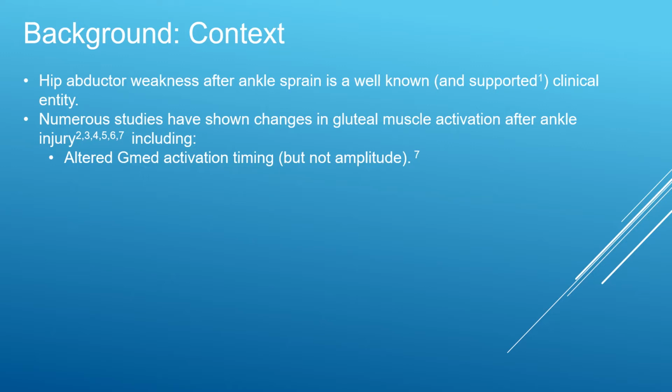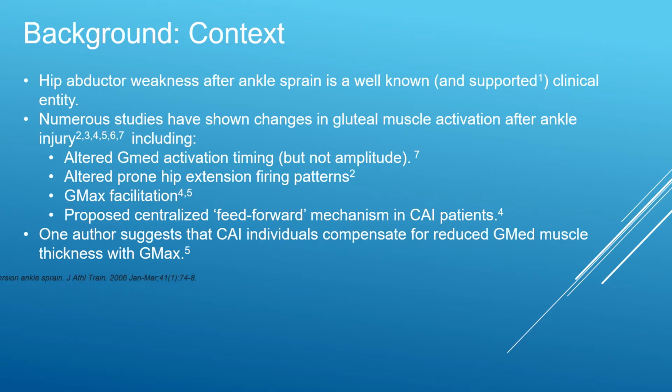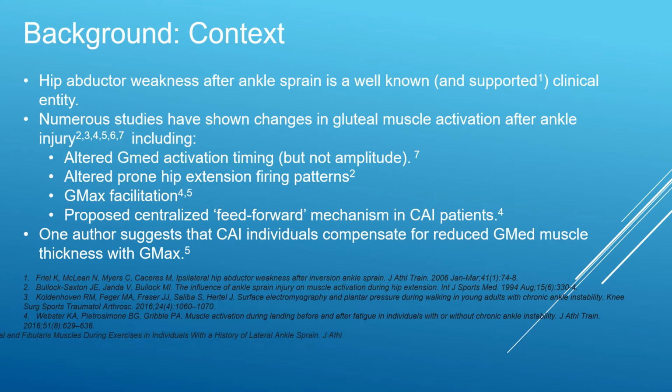We'll comment more on this later. Also altered prone hip extension firing patterns, glute max facilitation, so not inhibition, but the opposite, facilitation. In fact, an author speculates that there's a feed-forward mechanism going on where the body recognizes the abductor deficiency and is using glute max to compensate.